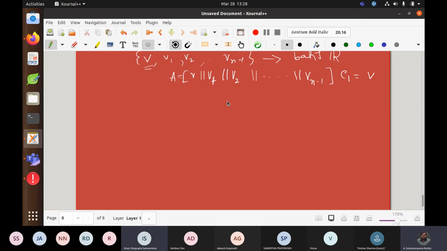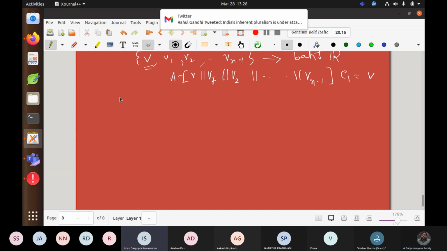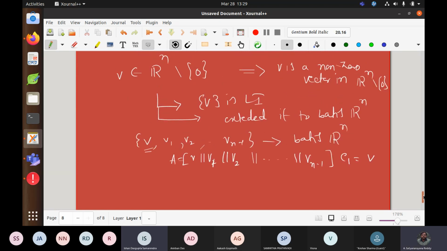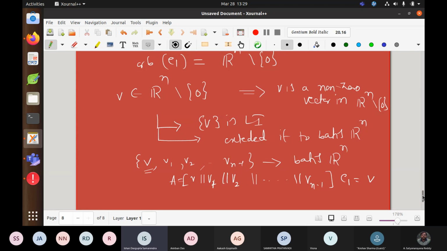What I'm trying to say is why this has non-zero determinant, without really talking about matrices, because I don't know about matrices. So I would construct a map A which takes E1 to V and E2, E3 to V2, V3, and so on and so forth, right?